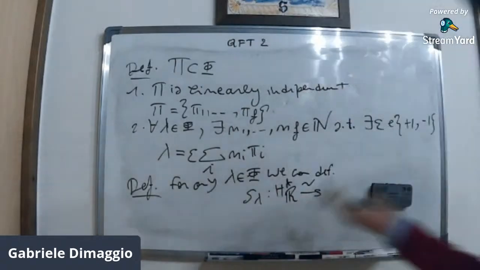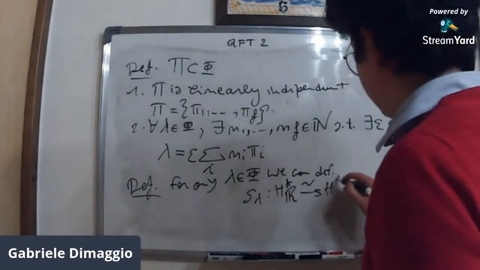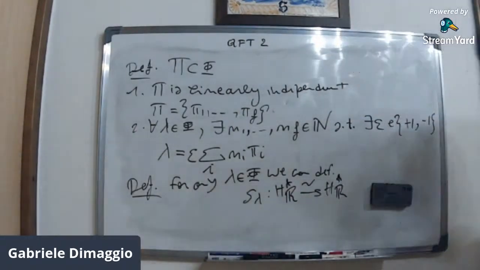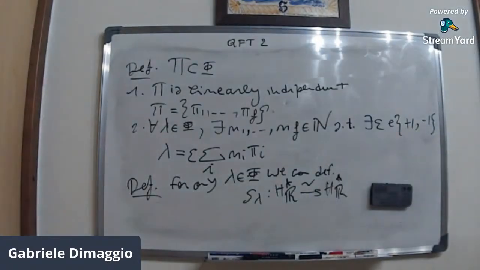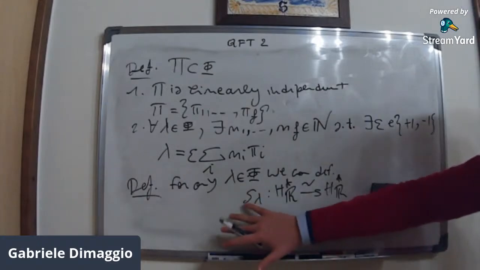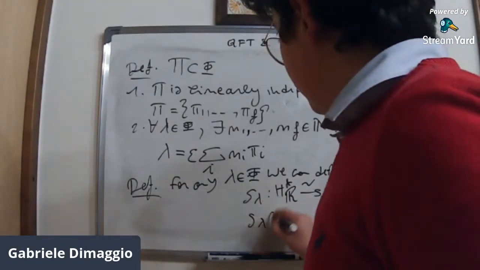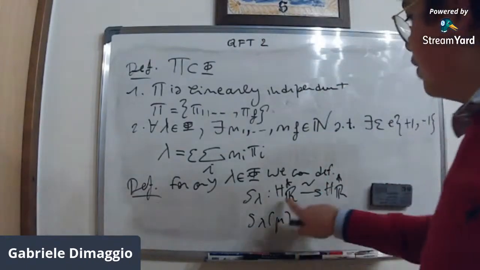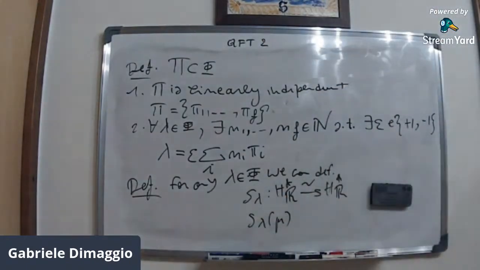It's a linear map, to h over R. And I have the definition of this map. So it's a linear map, and S lambda of a member mu of the dual Cartan subalgebra over R.